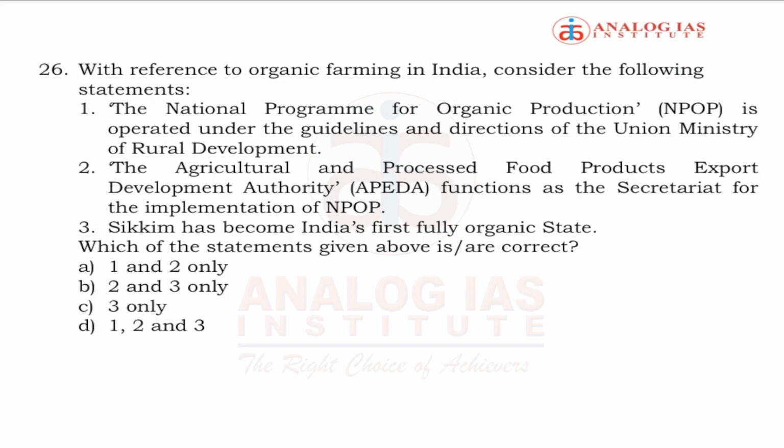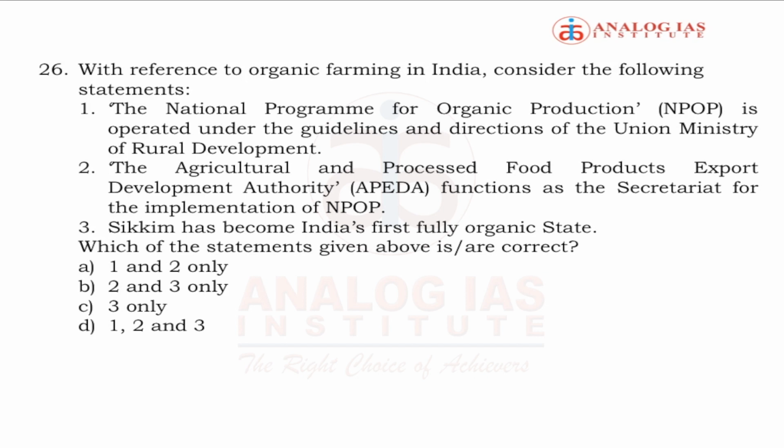With reference to organic farming in India, consider the following statements. Number 1, the National Program for Organic Production (NPOP) is operated under the guidelines and directions of the Union Ministry of Rural Development. Please remember, the National Program for Organic Production is under the guidelines of the Ministry of Commerce and not under the directions of the Union Ministry of Rural Development.